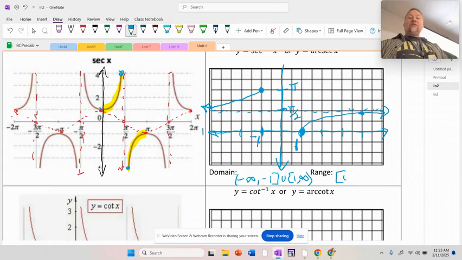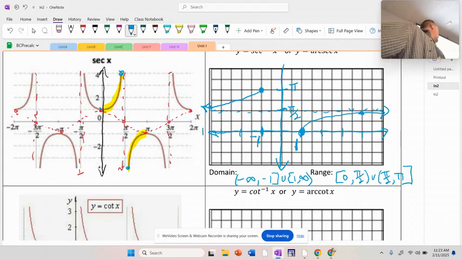It is from 0 to pi over 2, parenthesis, then union that with pi over 2, and then it does include pi. The only reason we can't include pi over 2 is because it's an asymptote. Although you could be asked an inverse question, inverse secant of undefined.